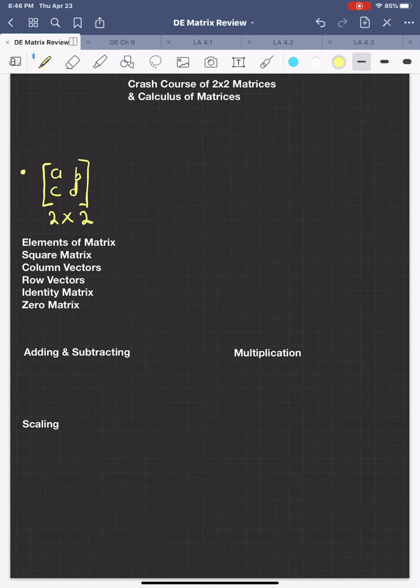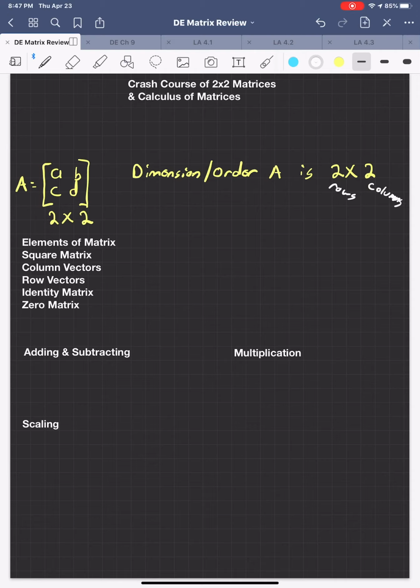In other words, the dimension or the order, we'll say that this is matrix A. The order of A is 2 by 2, meaning 2 rows, 2 columns. It's important when you're discussing a matrix to always list rows by columns. So the dimension or the order is always rows by columns.